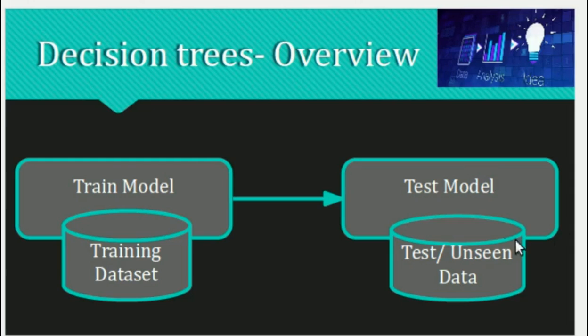A test data set is used to determine the accuracy of the model. Usually, the given data set is divided into training data and test data set, with the training set used to build the model and the test set used to validate it.